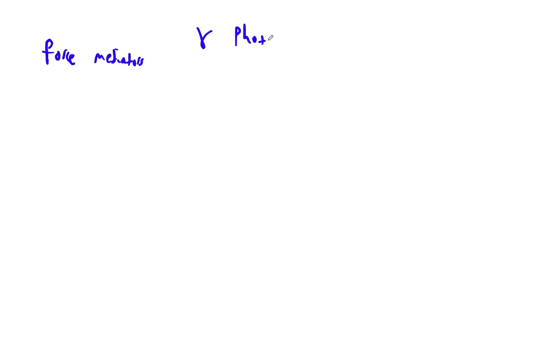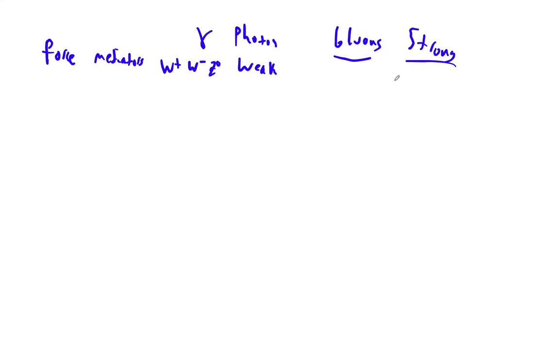For the weak nuclear force, we've got W plus, W minus, and Z naught. For the strong nuclear force, we'll just say they're gluons. Sometimes they'll say pions or something like that, but that's an old model. Really, we call them gluons.